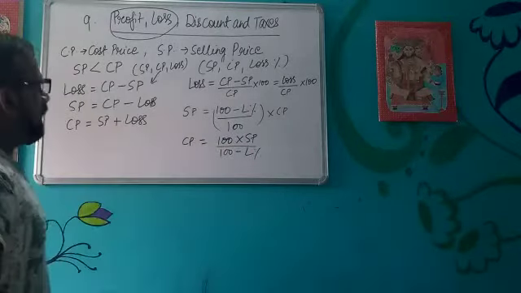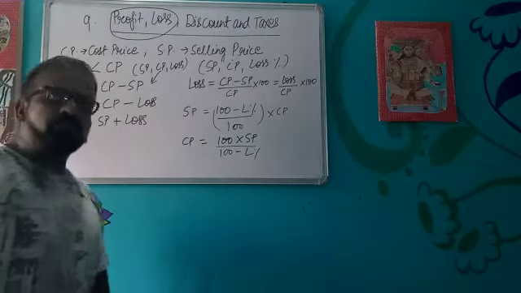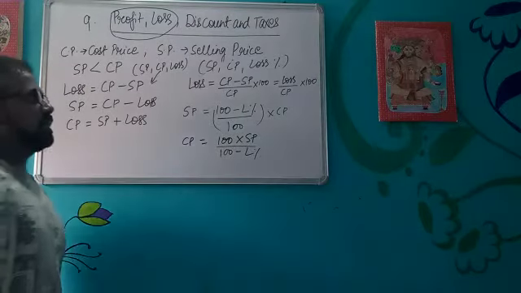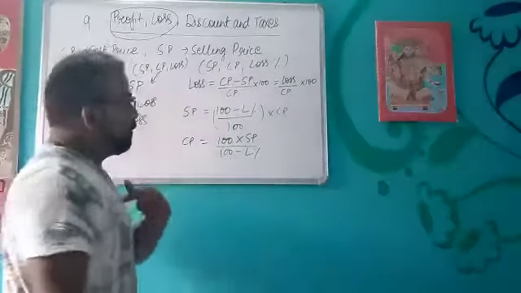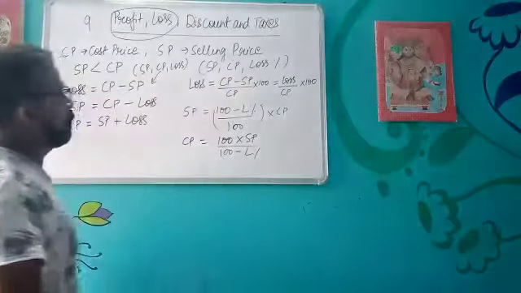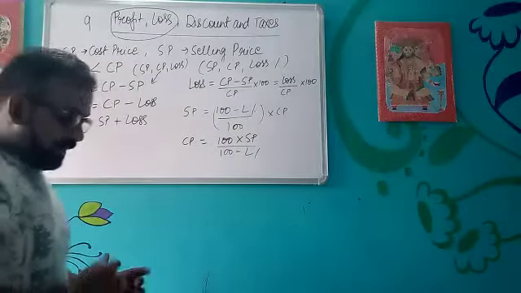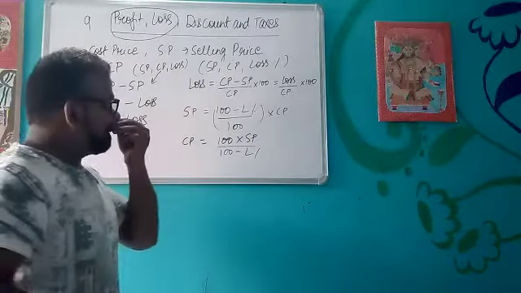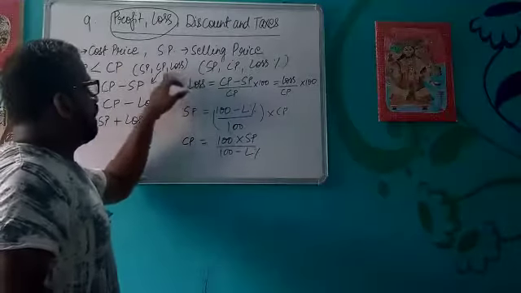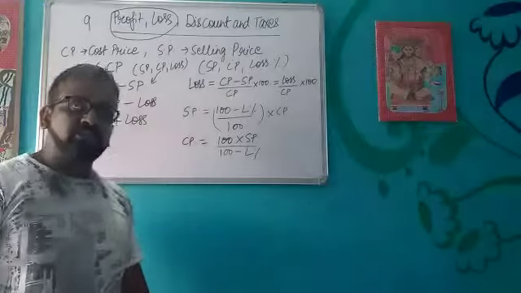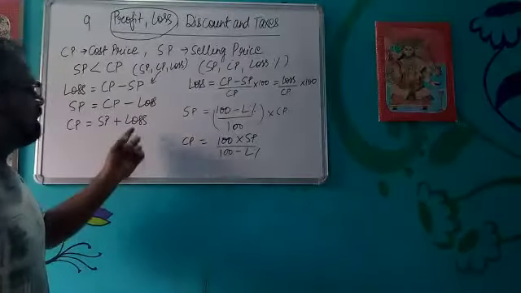So these are a few formulas that we will use to solve the questions. The only thing you need to know is when and how to use the formula. Again, I am repeating, you will have three variables: selling price, cost price and loss. Out of these, two variables will always be there, so that you can calculate the value of the third variable.